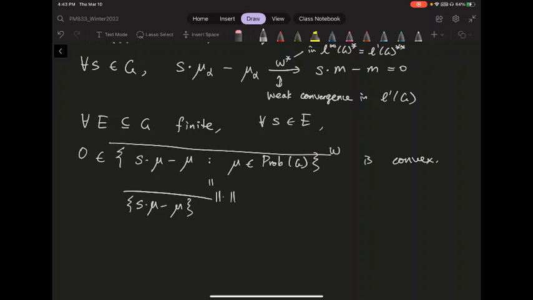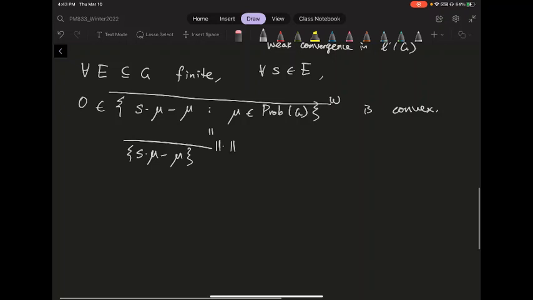Now if I consider finitely many of them, I can do the same thing with the norm closure. I put in the direct sum over s inside E. Because it's finite, the direct sum is the usual direct sum under the L1 or L infinity norm, which doesn't really matter.